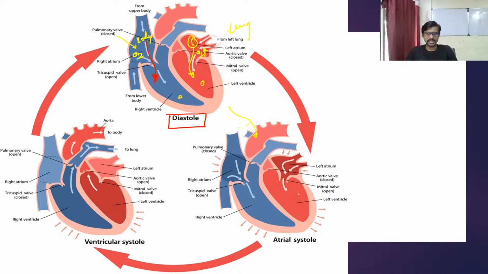Now when atria are in the systole, you can see the blood has now completely entered into the ventricle, and your ventricle has a pressure on the wall, and at that time the SA node and AV node are working for the signals.